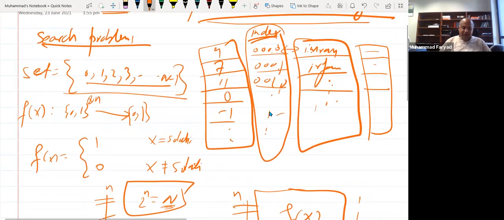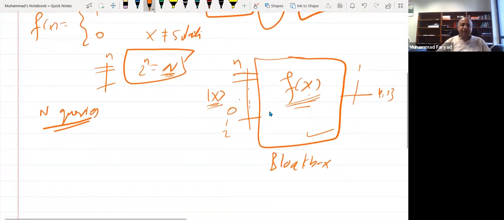So any one could be a solution. So in the worst case, we could end up giving the last index, which is going to be the solution. So the worst case scenario requires N queries of this black box to find the solution to this classical problem.